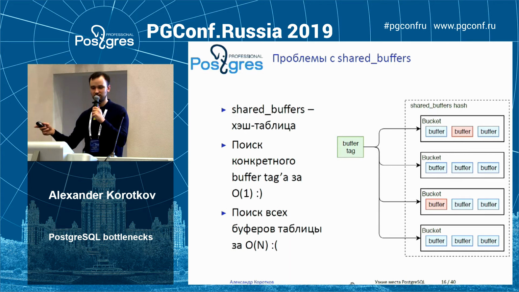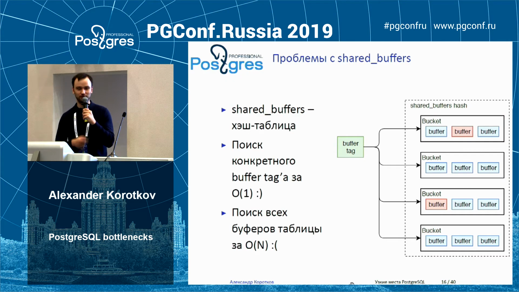We select the right hash bucket, go to the right bucket and find the right place. But the problem is if we need to find all the buffers of a specific table and purge them, then we get a really huge task. As you know, there is a lot of memory on the servers, shared buffers are also large, and it may take quite a lot of time.